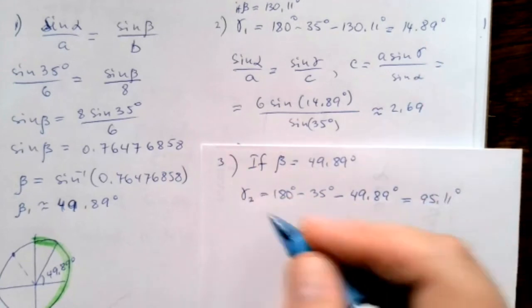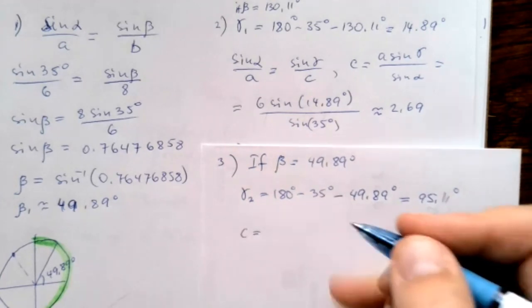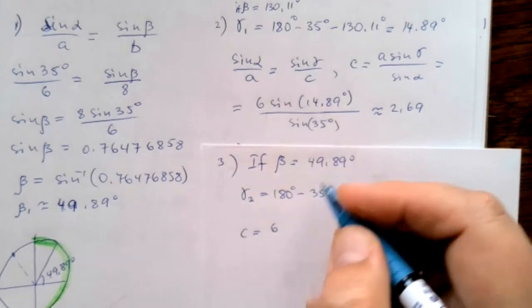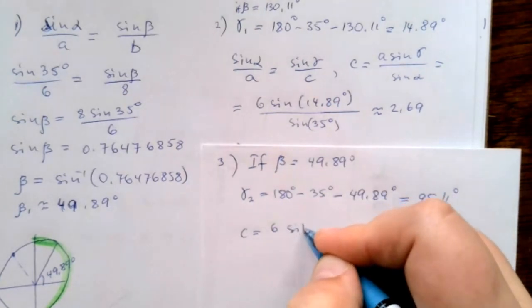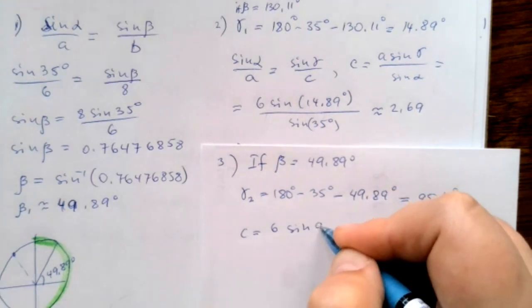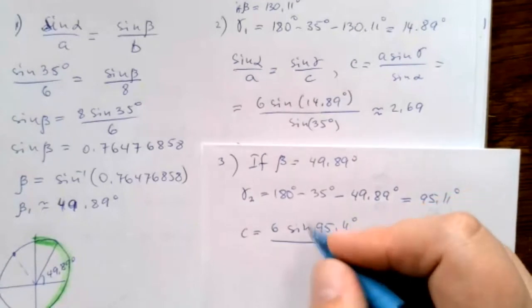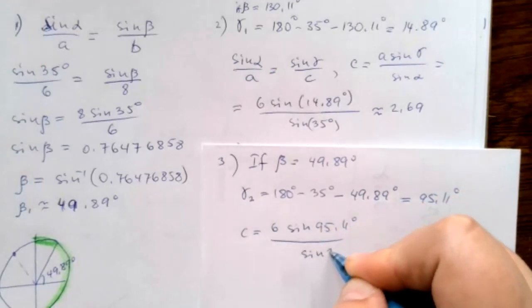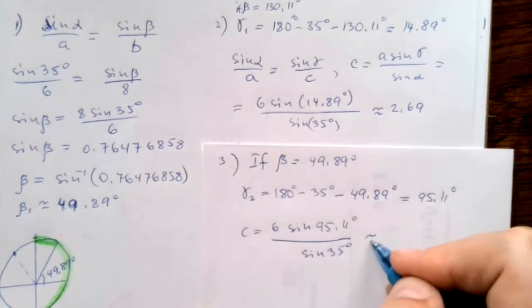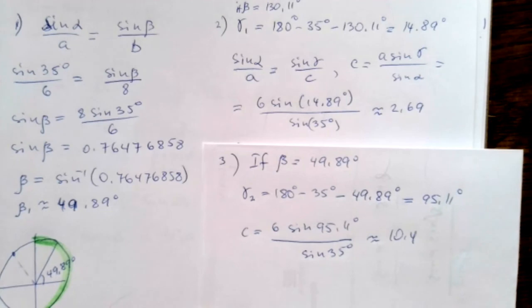So the values for C: A is still 6, sine of gamma, 95.11 degrees, over sine of 35. And that is approximately 10.4 units.